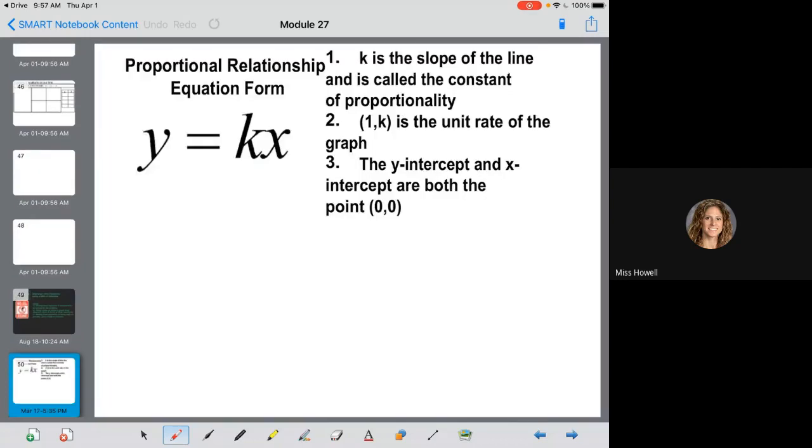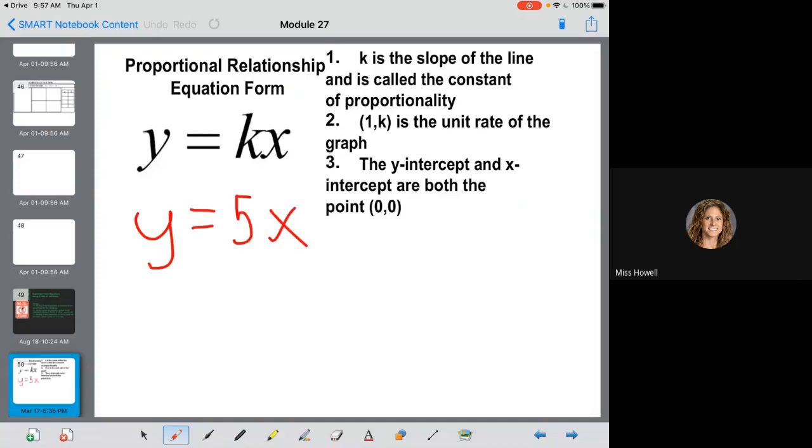We have different ways we can show that we have a linear relationship. Option 1, and for all of these, we'll have a degree of 1 on our x term. That tells us it would form a line in picture format. So we have y equals kx. And if this had numbers in it, it would look something like this, y equals 5x.